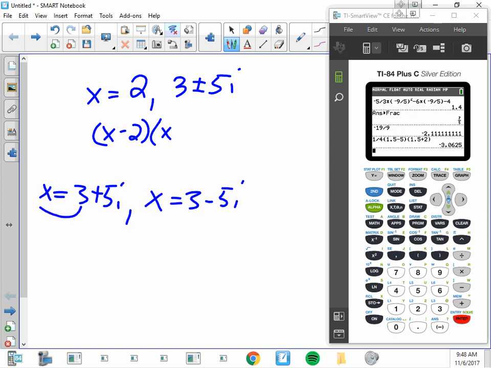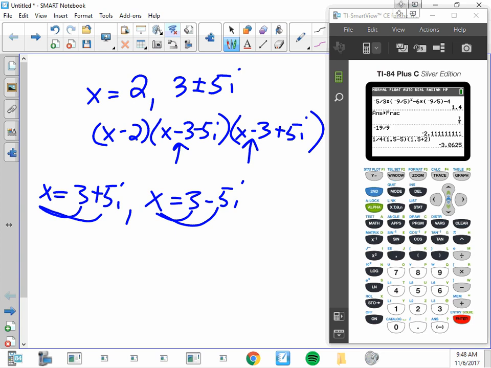I need to move these over and these over. And in both cases, the 3 is going to be negative. So x minus 3 minus 5i and x minus 3 plus 5i. And that negative right here is where people make mistakes. But it has to be the opposite of whatever the root is.